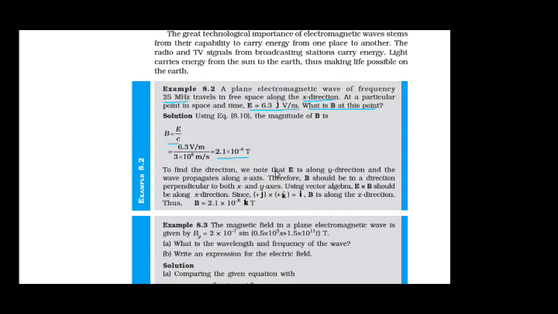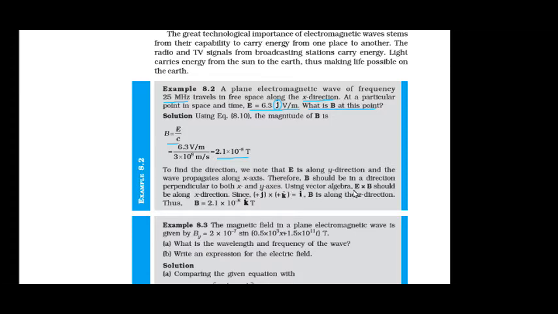To find out the direction, we note that the E is along y direction. How do we know the y direction? Because the unit vector j represents the y direction, and the wave propagates along the x direction. Therefore B should be in the direction perpendicular to both x and y.